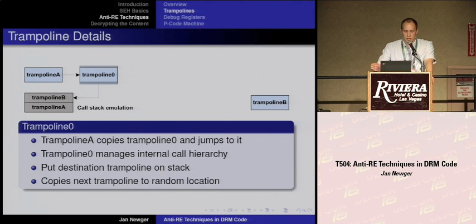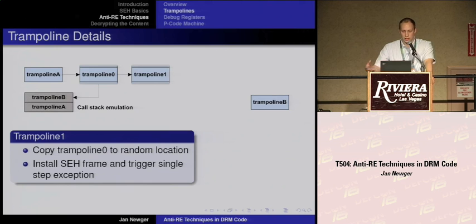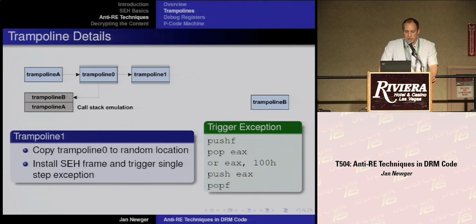Trampoline 0 pushes the destination trampoline on the internal stack, and after this it copies the next trampoline again to a random location, and trampoline 1 in this case installs an SEH frame which is used to handle a fake exception which is raised by this common code.